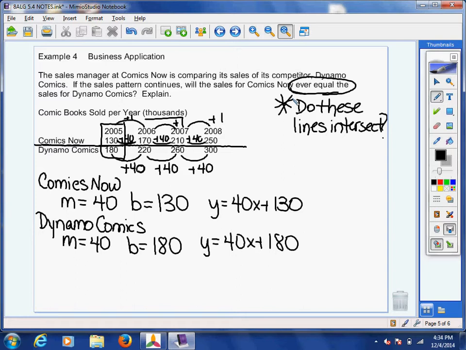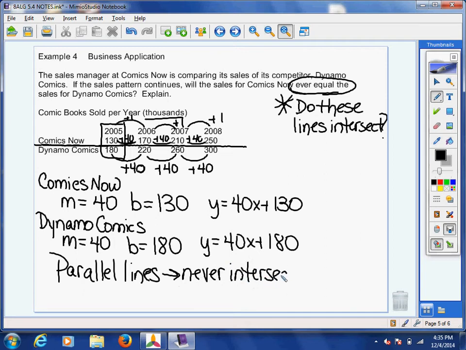Do these lines intersect? Well, compare their slopes and their intercepts. If I were to graph these, what kind of lines would they be? If you're thinking they're parallel lines, you're exactly right. They parallel each other, and so that means they will never intersect.